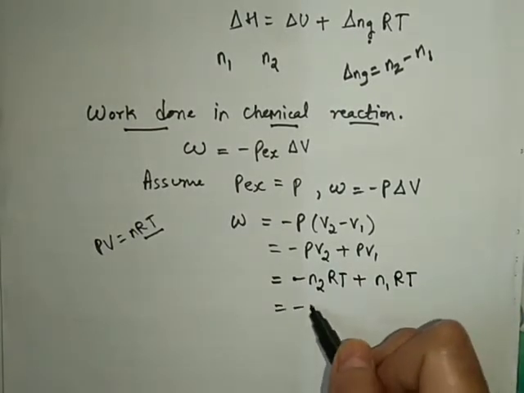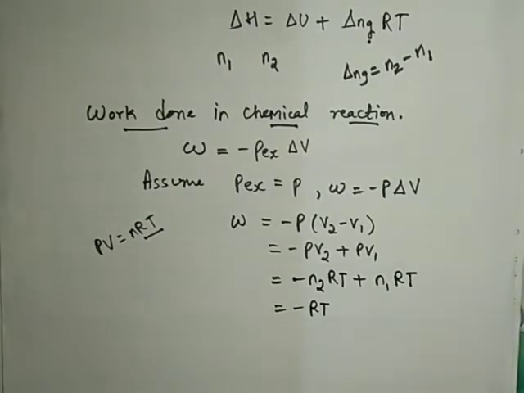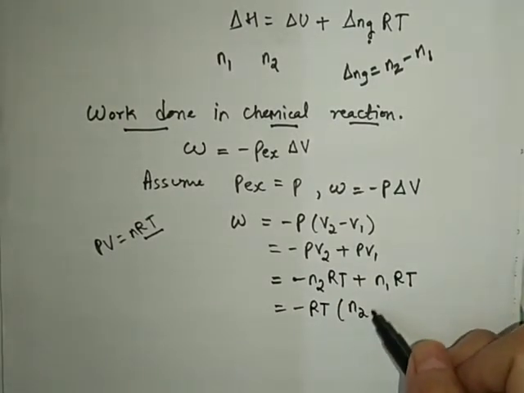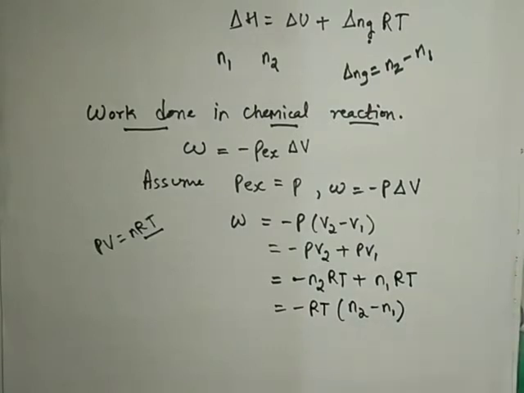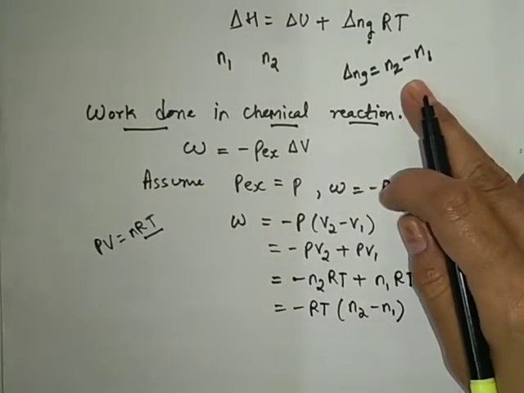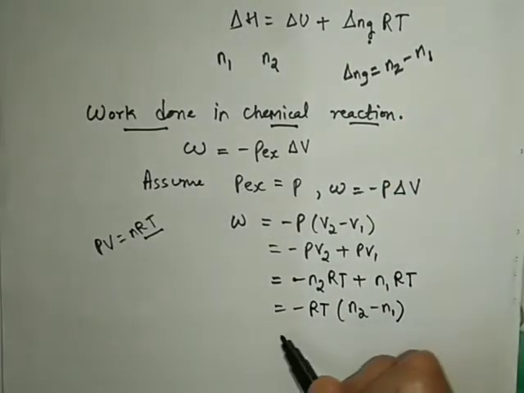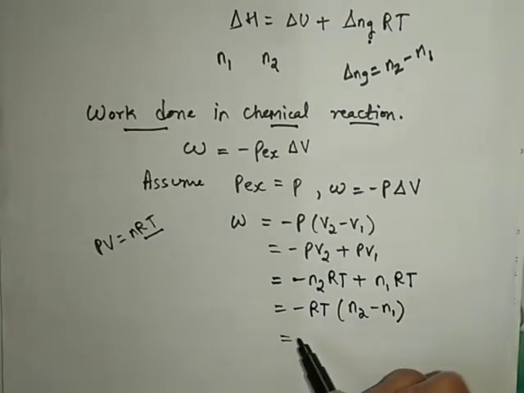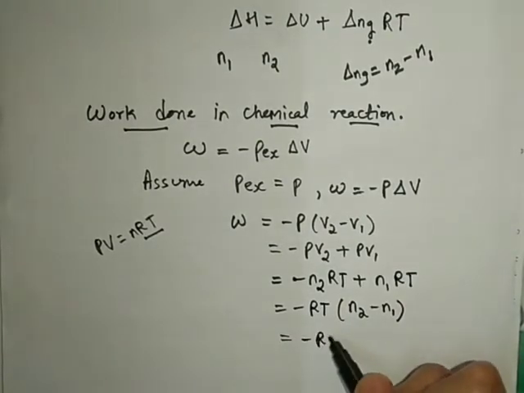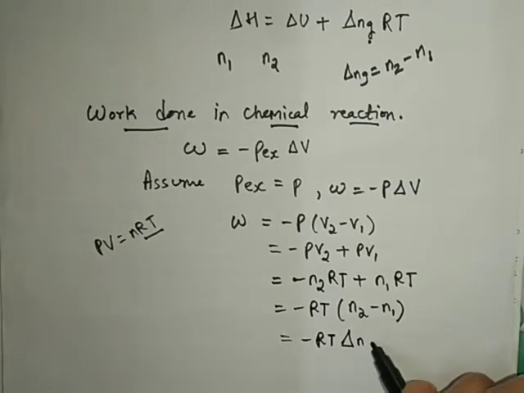RT is common, so I can take minus RT common, and it is n2 minus n1. Already said n2 minus n1 is delta ng. It is the change in the number of moles for gaseous reactants and gaseous products.